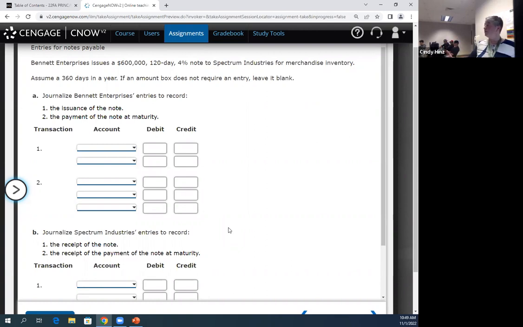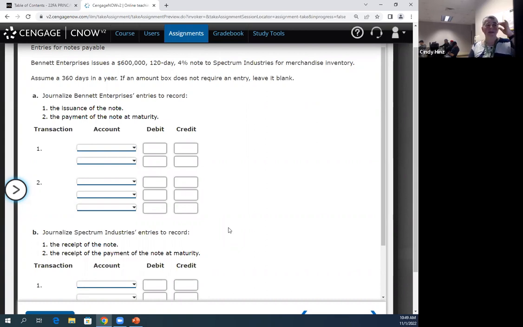That is the principal or the face value of the note. 120 day, that is the term or the maturity length of this note. 4% is the interest rate. And so we now have all of the required information to do the calculations we need for this note. They issued the note to Spectrum Industries for merchandise inventory.